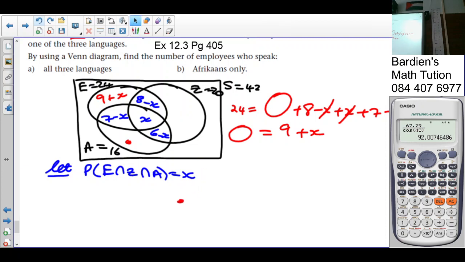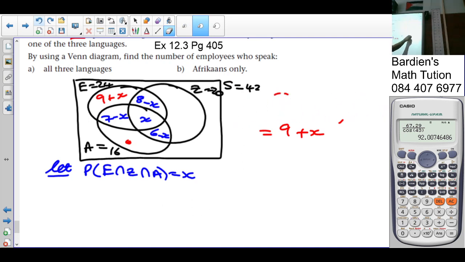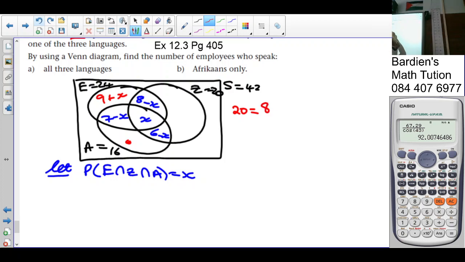You finished the next one already? Sorry? Yes, okay. So it's going to be, what is this 20? Equals 8 minus x plus that unknown, which is this here, plus 6 minus x plus x equals 20.